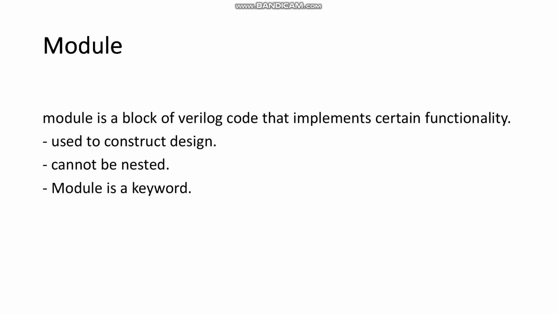So when you look at the structure of Verilog code, you can easily identify it. Already we discussed this in previous videos. Here, a module is a block of Verilog code that implements a certain functionality.